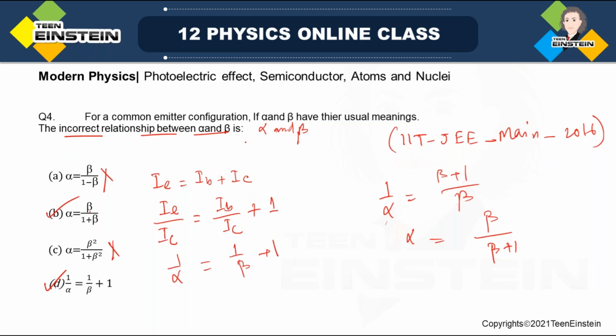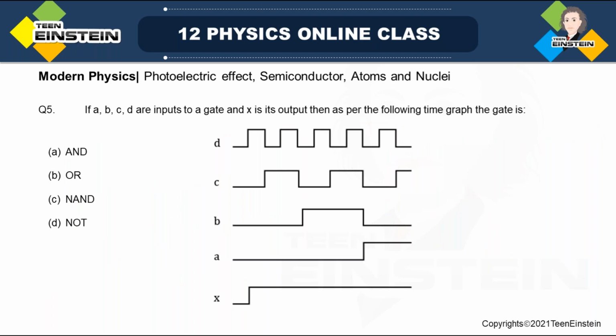Now we'll go to the next question, the fifth one. Here you look, A, B, C, D are 4 inputs given to a gate. The gate is not specified here. We have to find out the nature of the gate, whether it is AND gate, OR gate, NAND gate, or NOT gate.